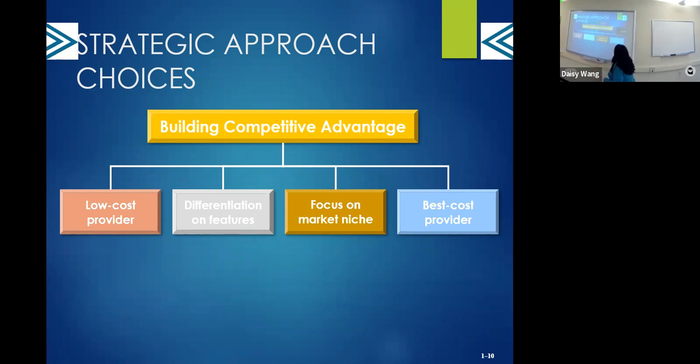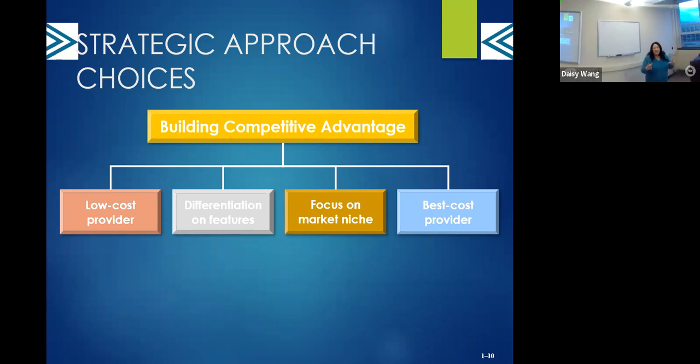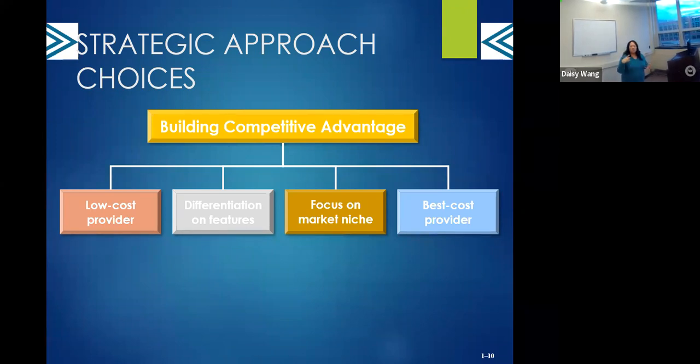We will talk about this later on. But first, today at least, you need to know the 2 basic strategies, low cost and differentiation. And you need to think about what kind of strategy you want to use for your company in the BSG game.